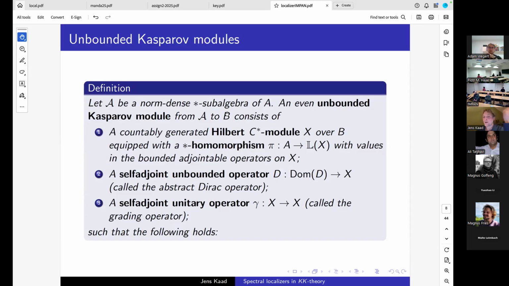The way you can do that is to construct what is called the unbounded Kasparov product.